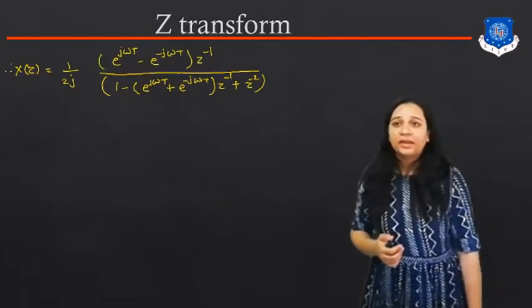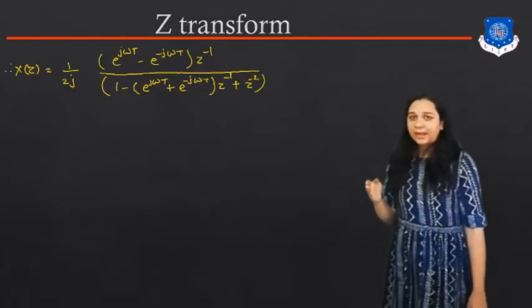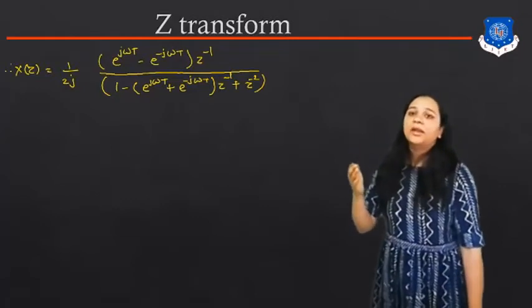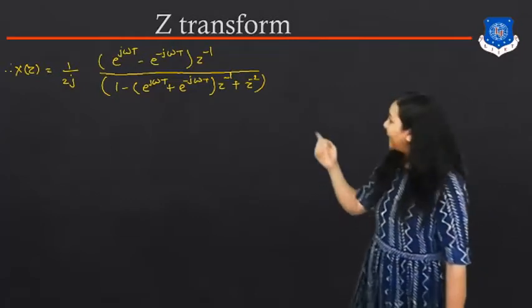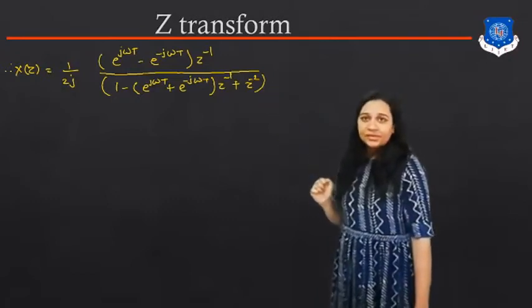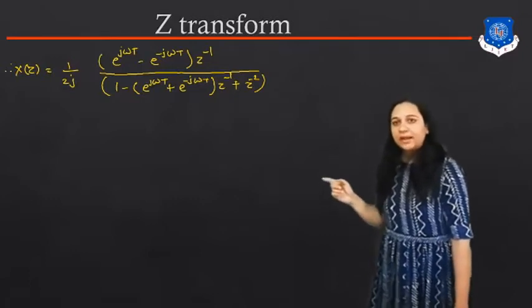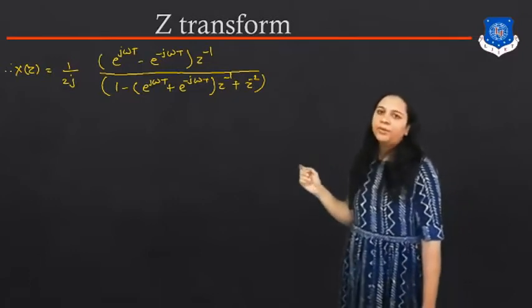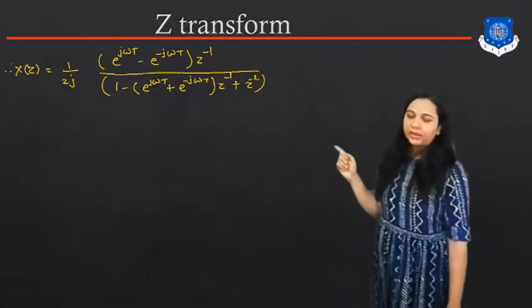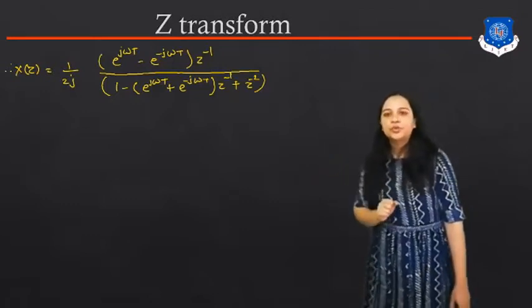So we can get x of z equal to 1 upon 2j in this bracket. In the numerator, we get e raised to j omega t minus e raised to minus j omega t, times z raised to minus 1, upon 1 minus, in this bracket, e raised to j omega t plus e raised to minus j omega t, bracket completed, z raised to minus 1 plus z raised to minus 2.